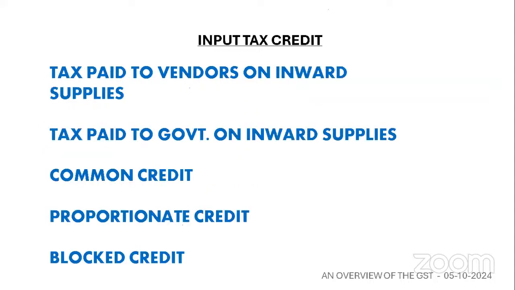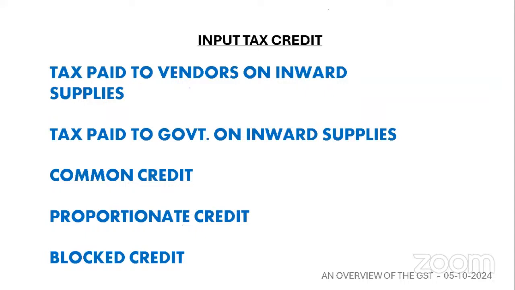Then input tax credit. So you know that the main advantage promoted by the government is to remove the cascading effect of taxes paid, which is very true to a certain extent. Not 100% cascading effect has been removed. Now, what is input tax credit?